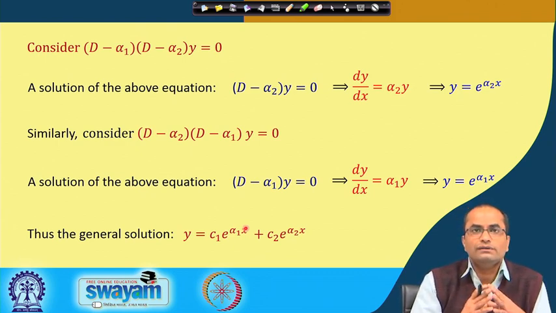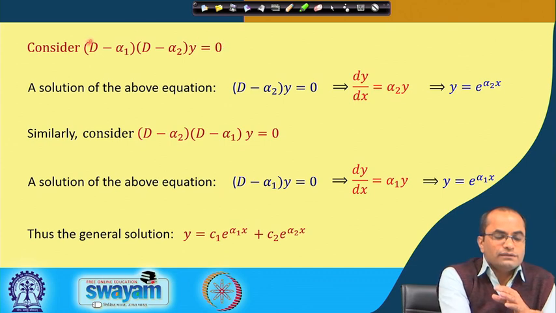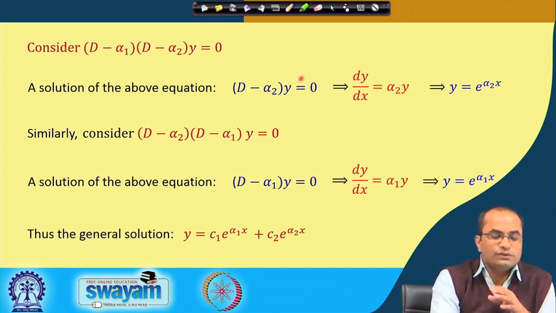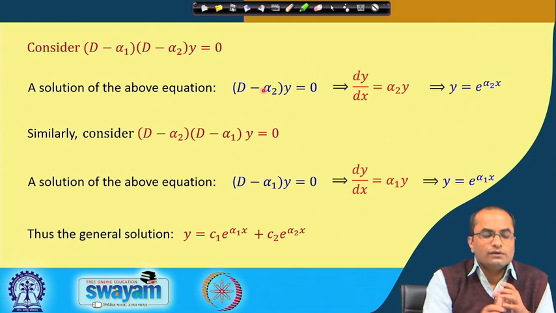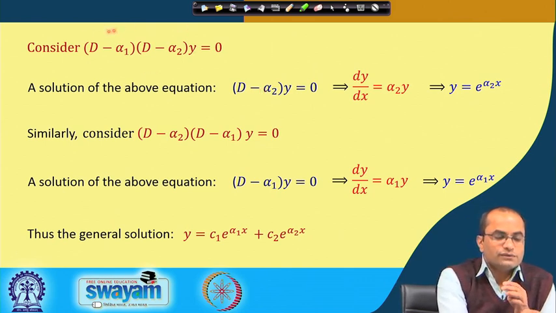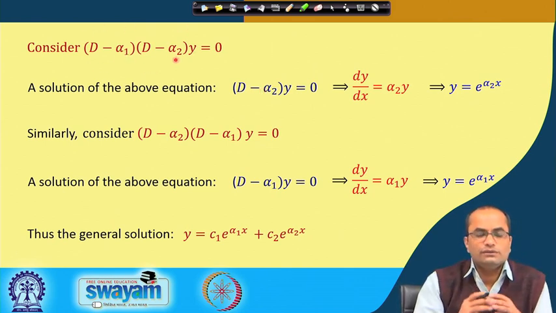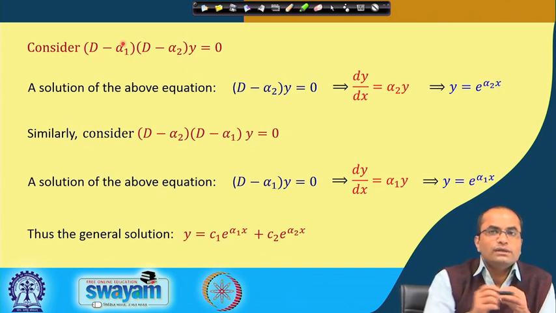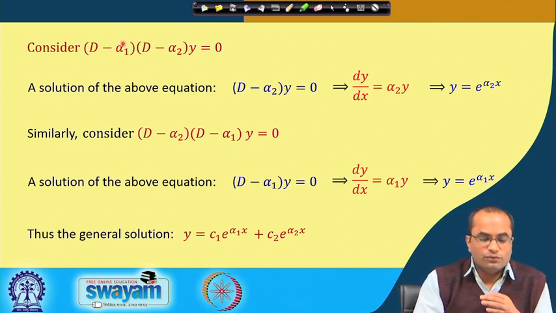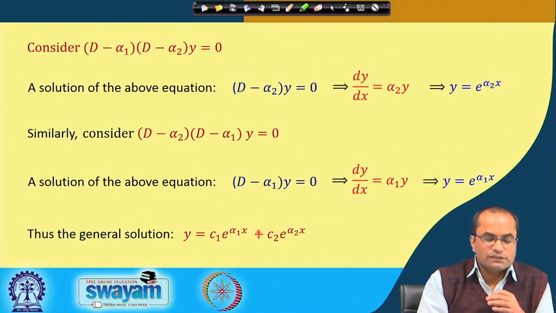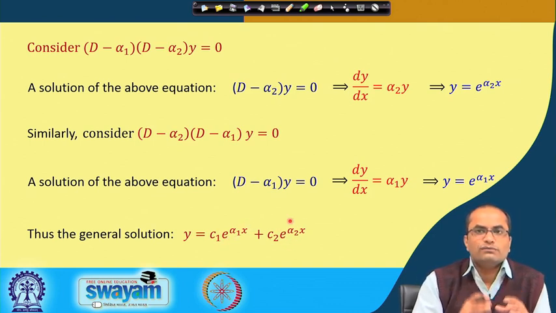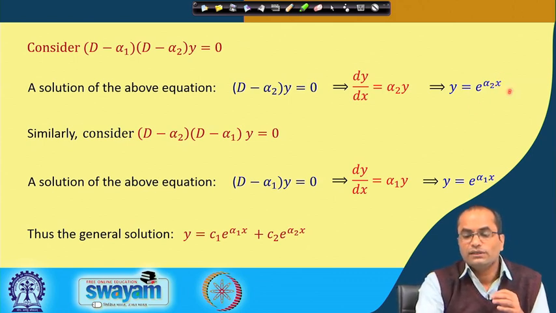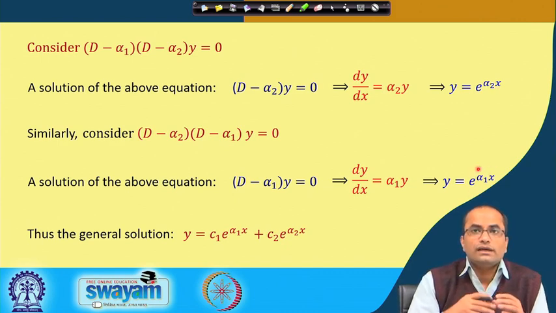So, what we have learned, if we have a second order linear equation here, we can find the roots of the auxiliary equation, which were alpha 1 and alpha 2 here, already written in the factor form, and then the solution will be C 1 e power alpha 1 x plus C 2 e power alpha 2 x. But this was the case when we have two distinct roots, because in that case only e power alpha 1 x and e power alpha 2 x are linearly independent solutions.